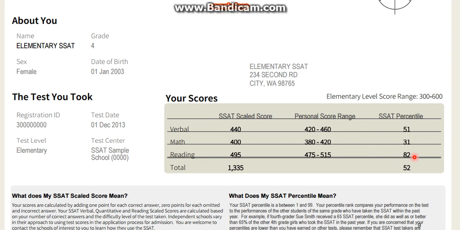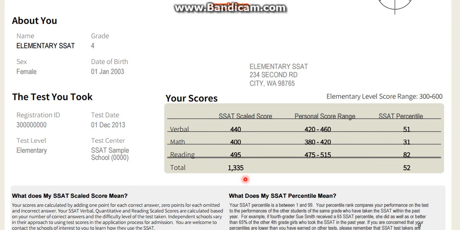So above average, slightly below average, right within the average. Okay, parents will sometimes get this and go, oh my goodness, 51, 31, these are terrible scores. But remember, that's not the score of the questions they got right or wrong, because the score is scaled. Okay, so it's scaled on a bell curve.